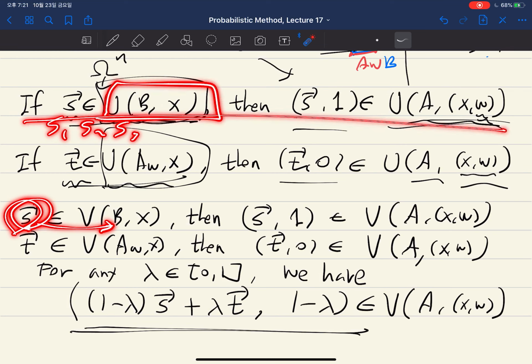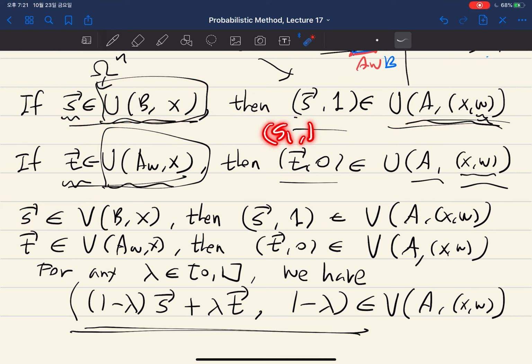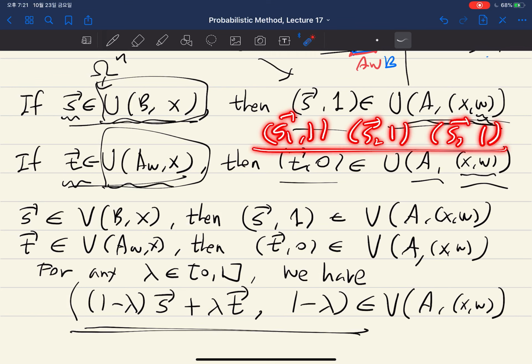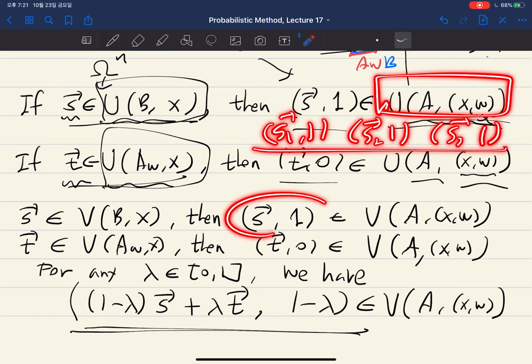And by this, we know that S1, 1, S2, 1, S3, 1 are all in this U of A, XW. So their convex combination, again, gives us this. So we know this.